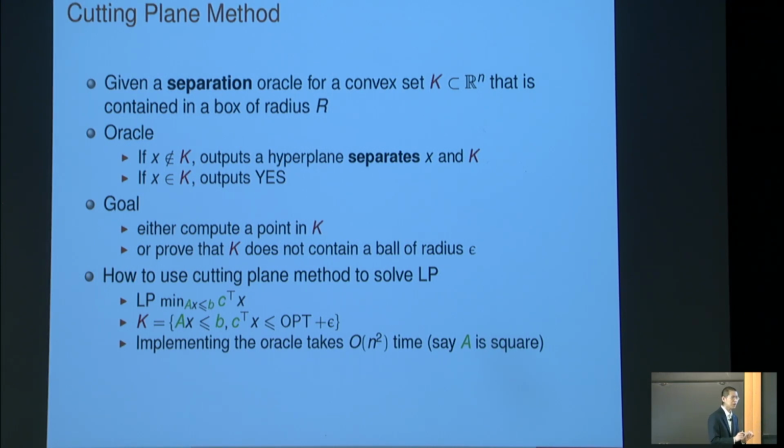Because the cutting plane algorithm takes many iterations, eventually you will take n cubed time, which is worse than the current LP solver. But there are some other applications for using cutting plane, which I will describe later.